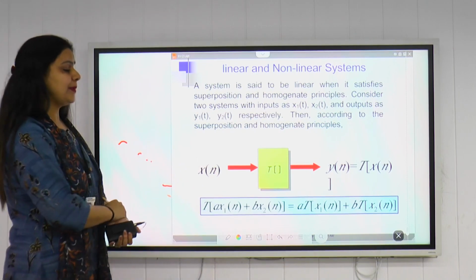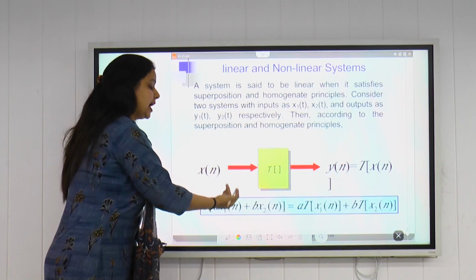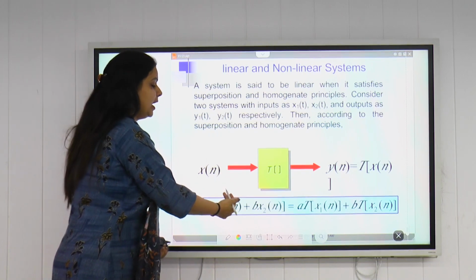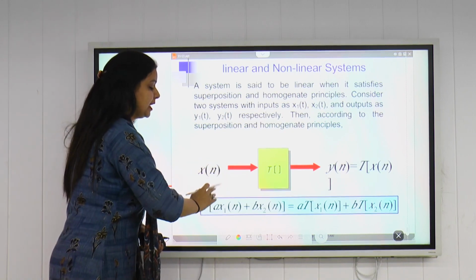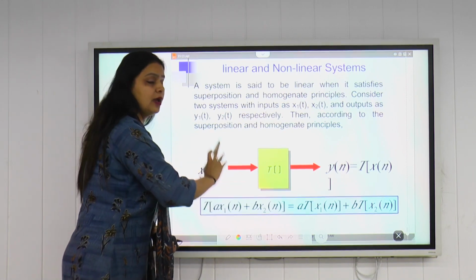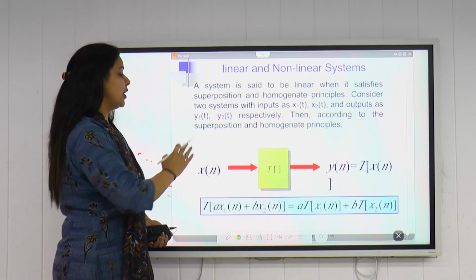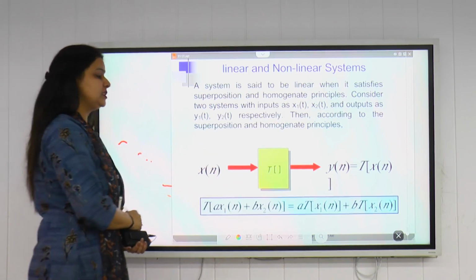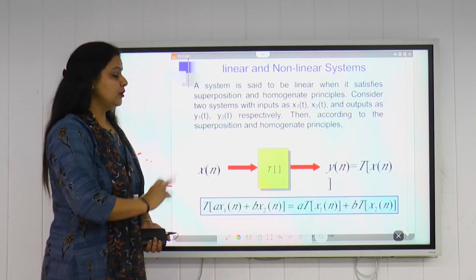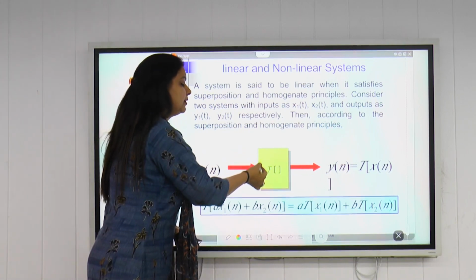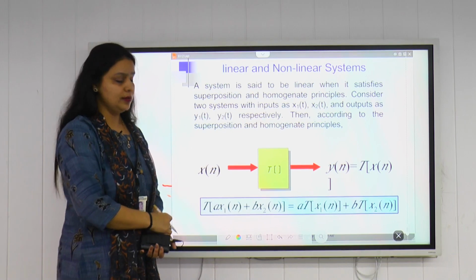In the case of linearity, the left hand side of the superposition principle should be equal to the right hand side. So according to the superposition and homogeneity principle, we get the equation as written here. And we have to see that the transforming operator is applied on this particular system.